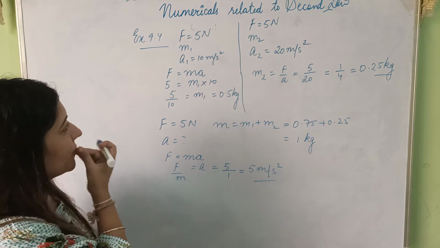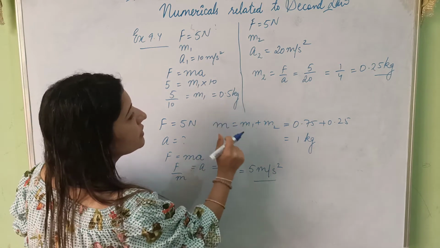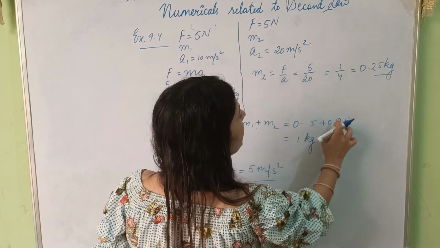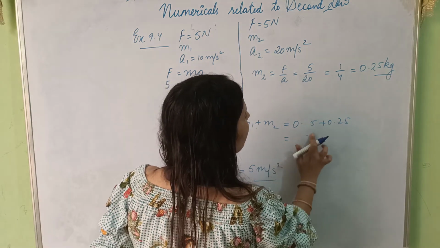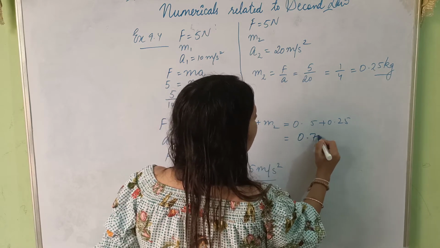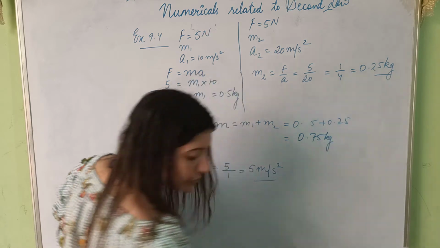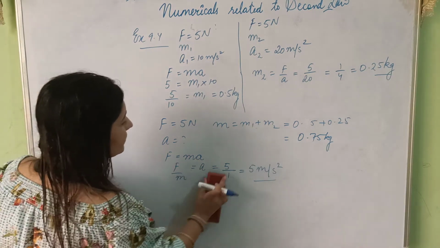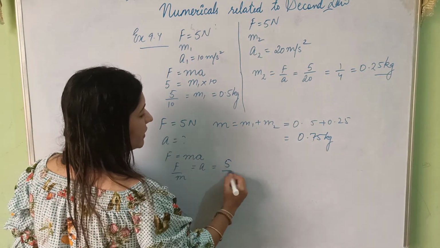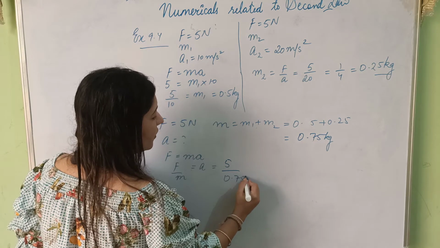I guess by mistake I wrote 0.75 here. This is 0.5, this is 0.25. Please mark the correction. And this will be 0.75 kg. So this will come out to be 5 by 0.75.